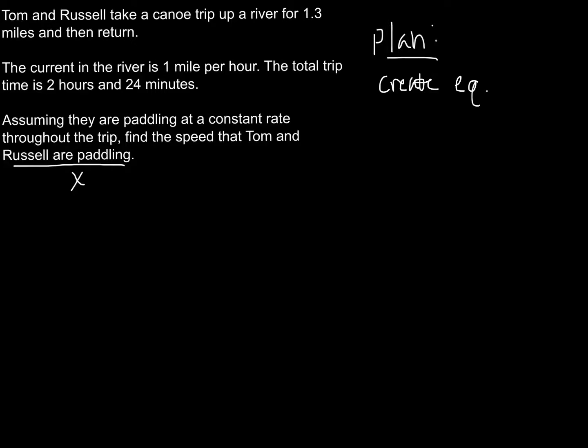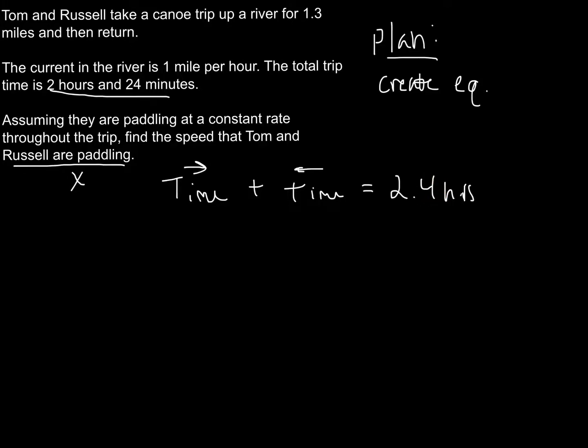So what I realize is that the time it took them is made up of two trips, the trip there and the trip back. So I have the time it took them to go there plus the time to go back, and that's going to be 2 hours and 24 minutes, which is 2.4 hours, because 24 minutes is 40%, 0.4 of an hour.